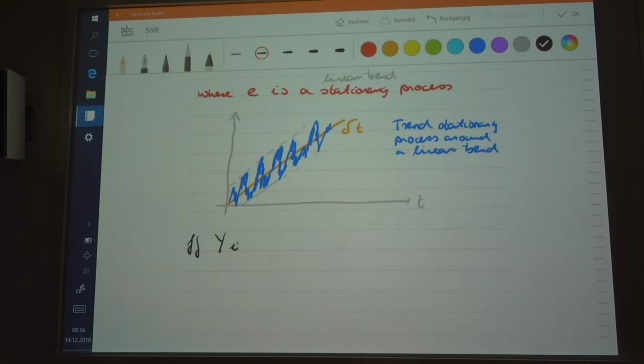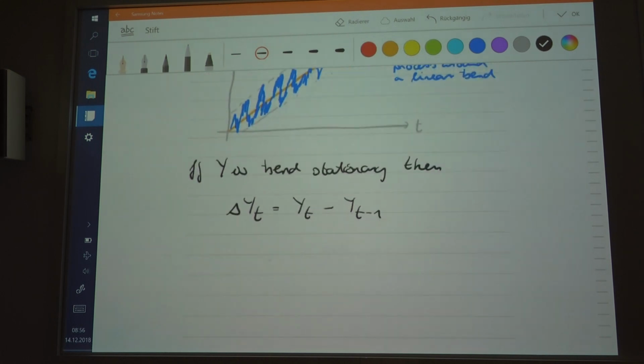If y is trend-stationary, then the difference of the process, delta y t, is going to be y t minus y t minus 1. So obviously you would have delta t plus e t minus, in parentheses, delta times t minus 1 plus e t minus 1.